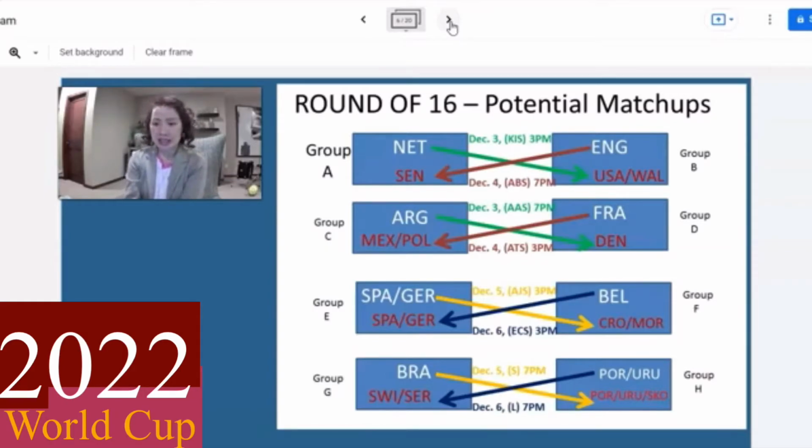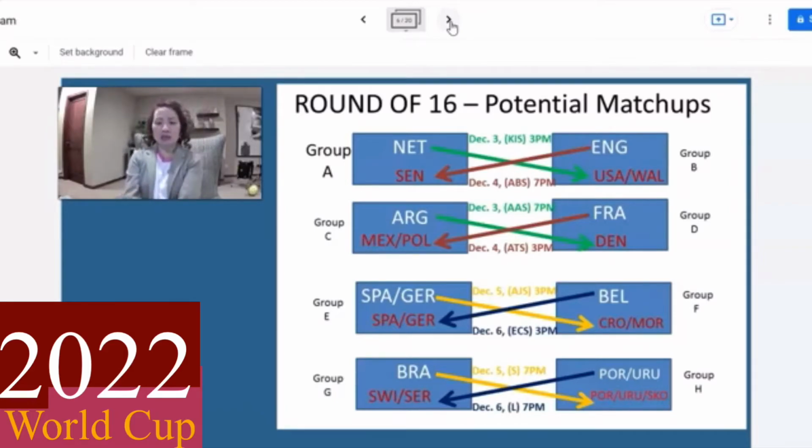And the other one notable is that whoever plays first in Group E will have a relatively easy path to the quarterfinal. I think Croatia or Morocco. I mean, Croatia might be a bit of a challenge, but I think the talent difference is enough for Spain and Germany to overcome whatever effort Croatia can come up with.